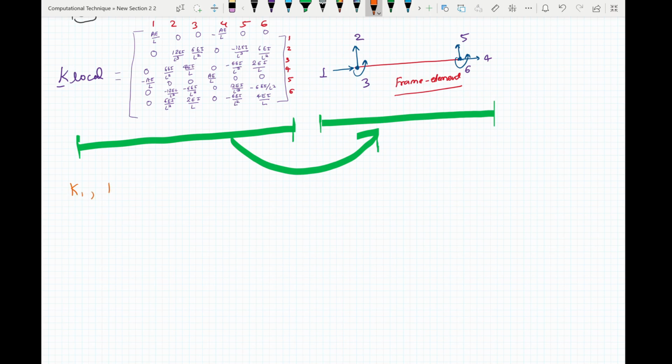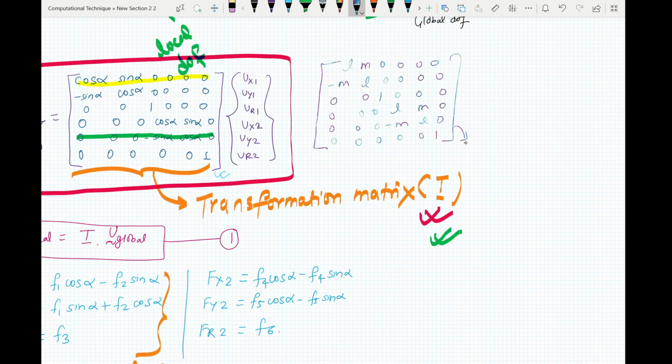You can obtain K1, K2, and K3. And similarly, you also have to obtain your transformation matrix for element 1, element 2, and element 3. So this will be your transformation matrix where L equals cos alpha and M equals sin alpha for each element.